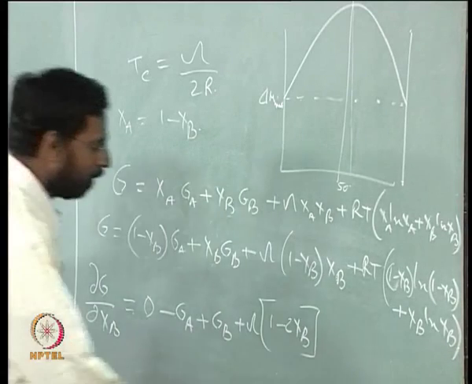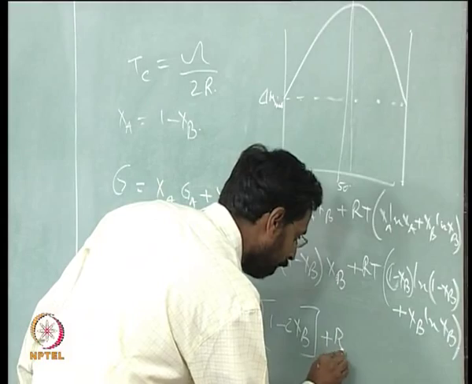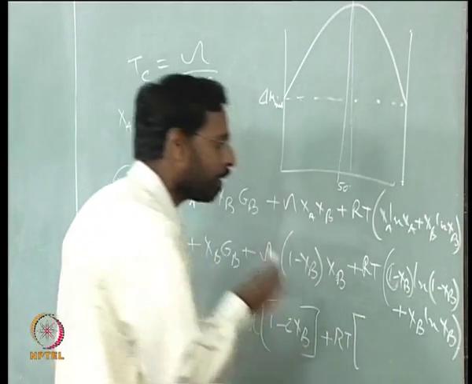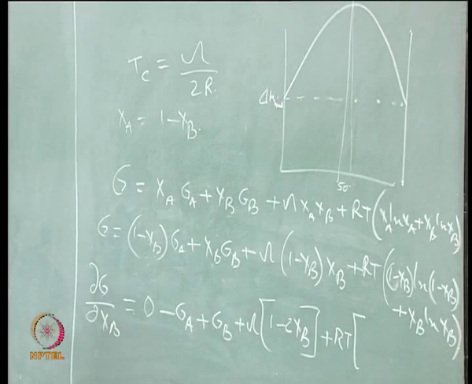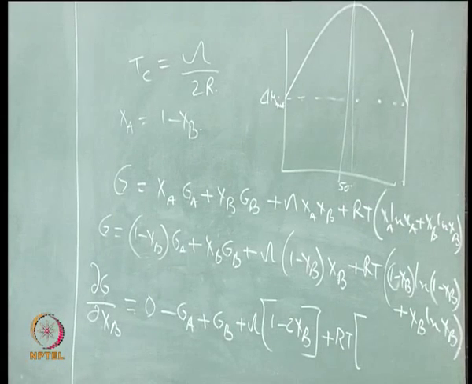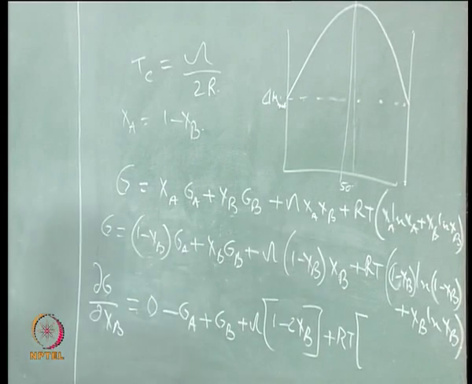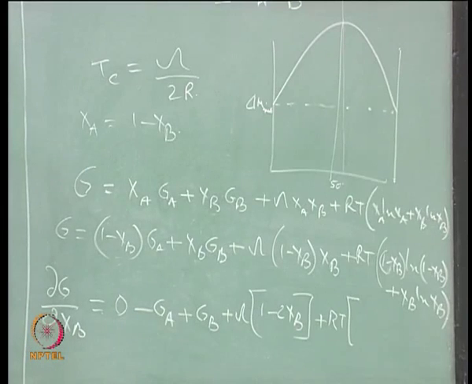And now you look at this, this is a little more complicated. Ln of 1 minus xb is there. So what we simply do is we change the derivative to 1 minus xb.